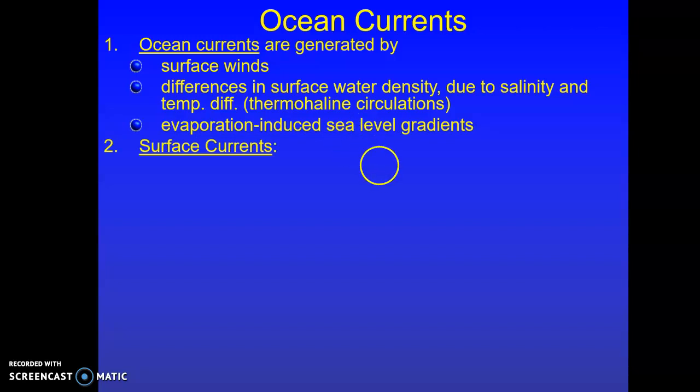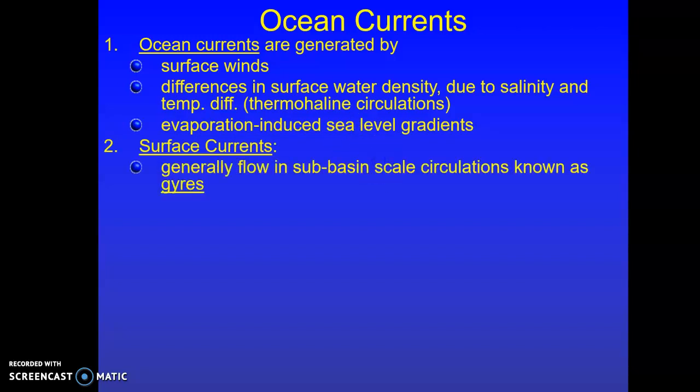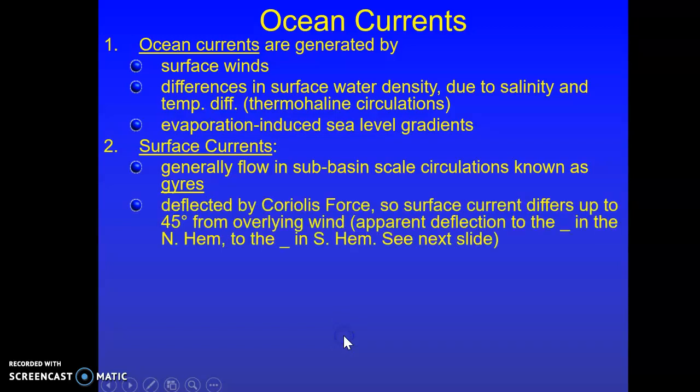So surface currents generally flow, as you saw in the animation, in sub-basin scale circulations called gyres. So, for example, in the North Pacific, if this is the North Pacific here, then this is the general direction. And it kind of looks like, gee, that's a clockwise circulation like we see with the high pressure cell in the area. And yes, they are similar. But Coriolis effect, just to remind you what you just saw, is something that changes that some.